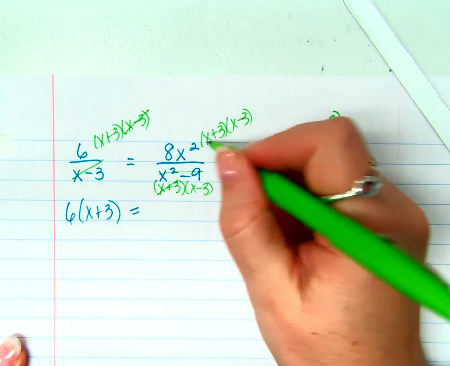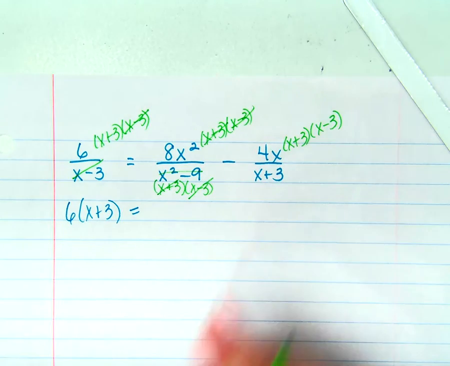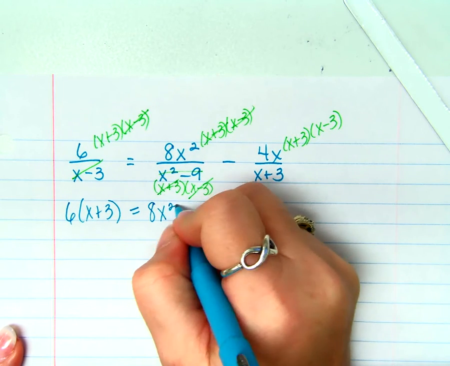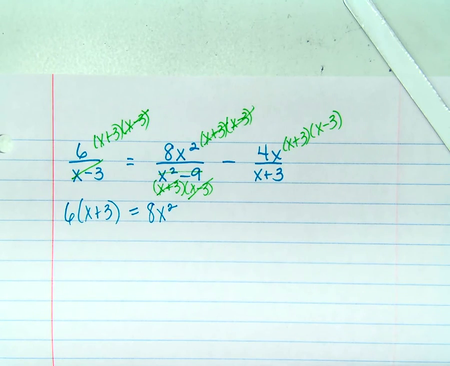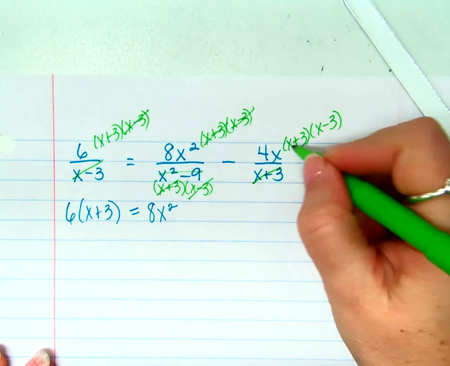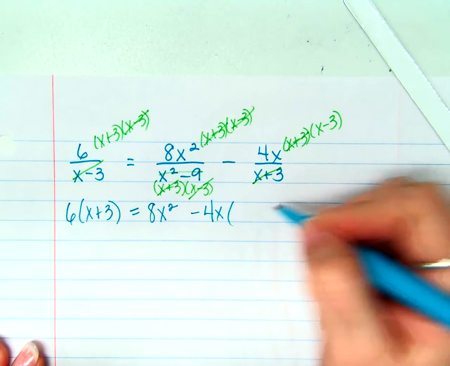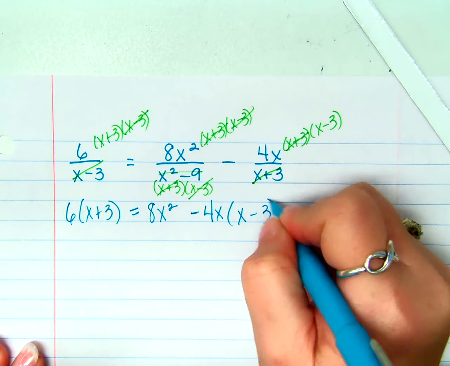X plus 3, x minus 3. What's left? Yeah, just 8x squared. What do you think? X plus 3 minus 4x times x minus 3.